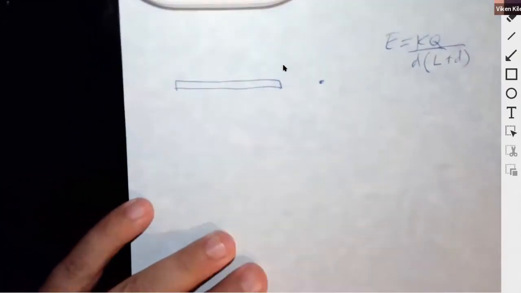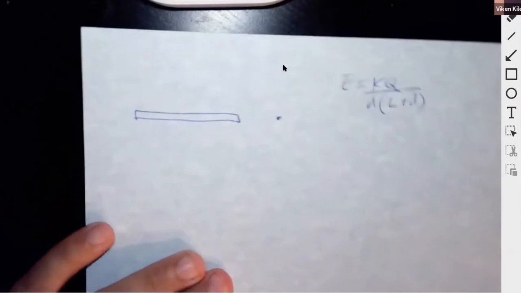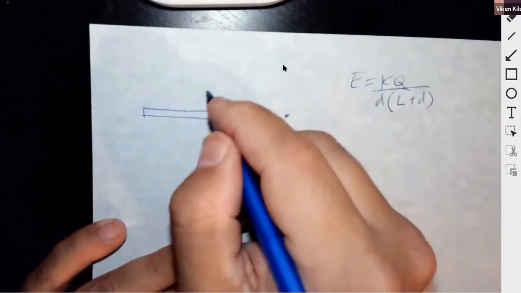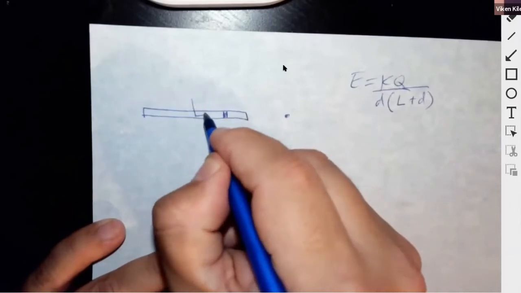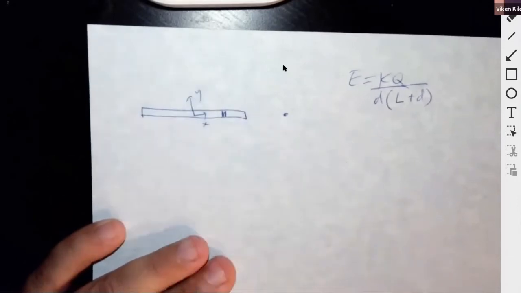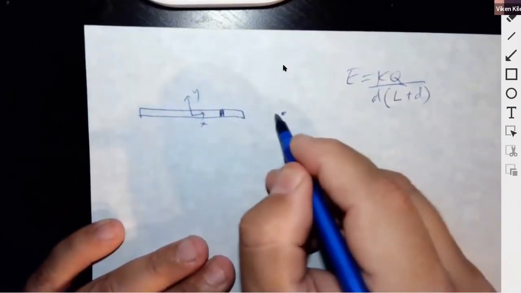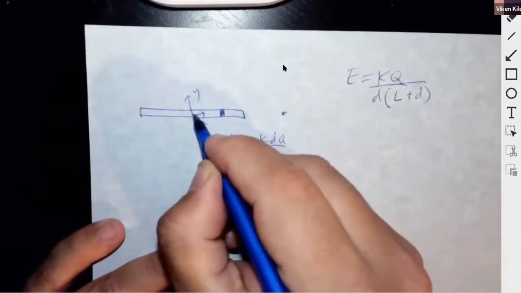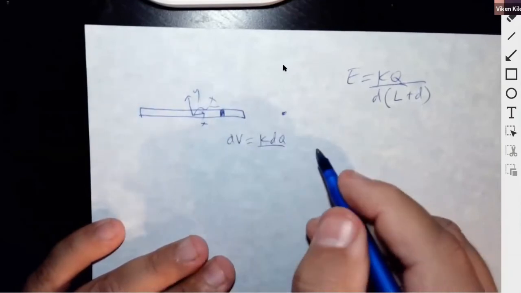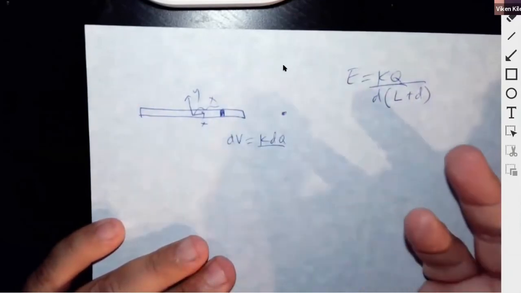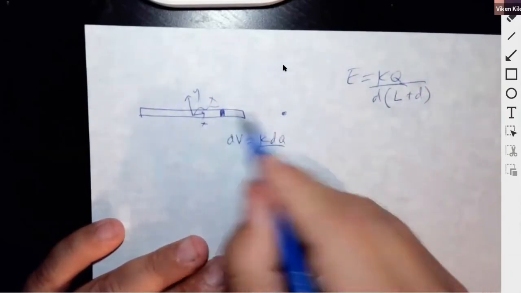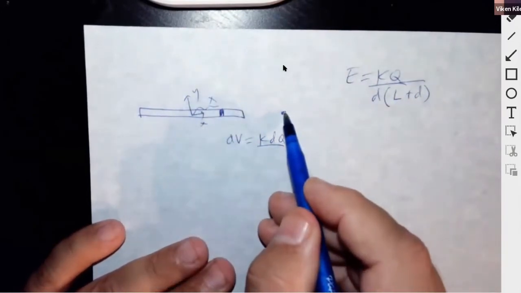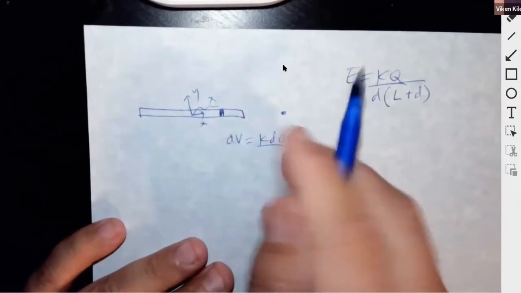So if one wanted to calculate the voltage, you just take a little piece. Then you say the voltage created by that piece is K dQ over X. In this case, it's very similar to the electrical field, except you're just not doing direction. But the electrical field was easy on the side anyway, because you didn't have to worry about cancellations.